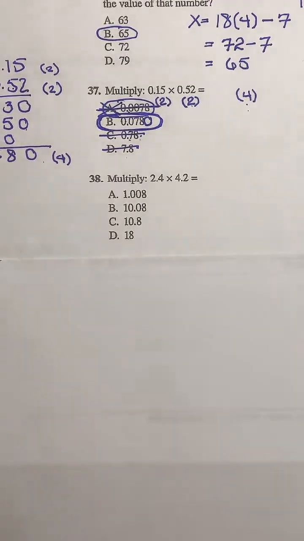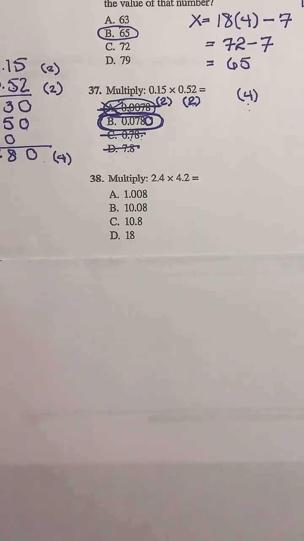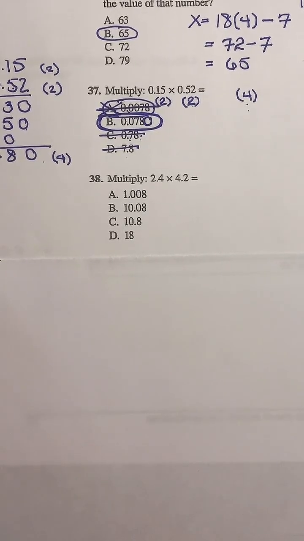38. Okay. 2.4 times 4.2. How many placeholders should we have? Include the 0. Well, hold on. We don't have a 0 at the end this time.